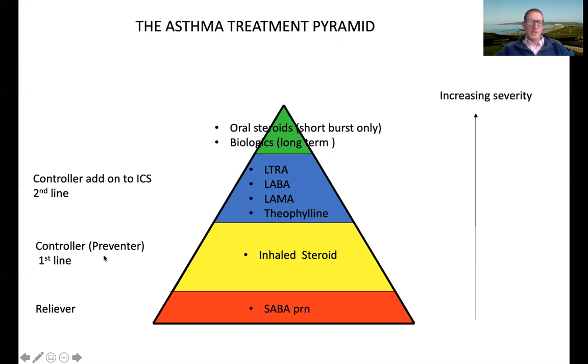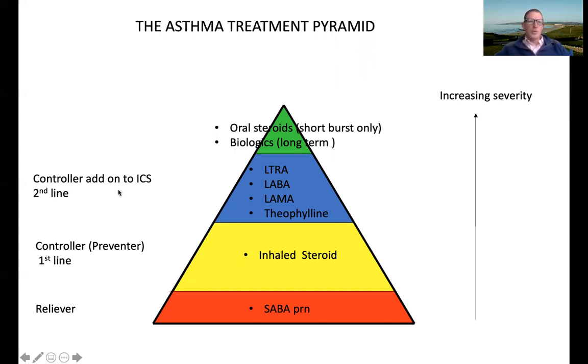Anything in the way of persistent symptoms needs a first-line controller, namely an inhaled corticosteroid, and then we can adjust the dose of inhaled corticosteroid against symptoms, reliever use, and lung function. Those are the titration markers, and we can also use exhaled breath nitric oxide and eosinophils.